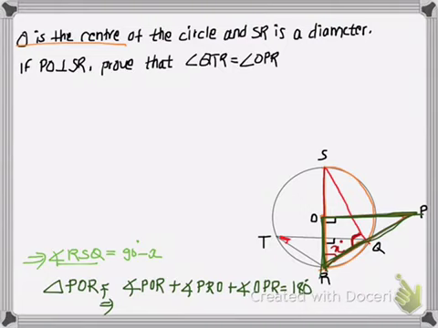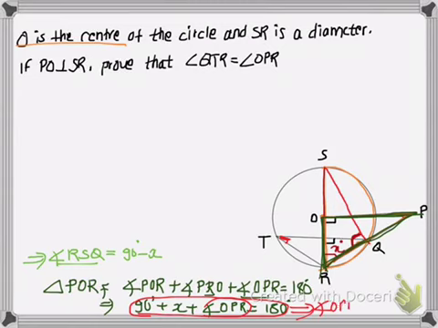I'm going to substitute the value for POR, which is 90 degrees, and for PRO, x degrees, and OPR I'll write as it is. If I simplify, taking 90 to the other side, and x to the other side becomes negative x. So angle OPR is equal to 90 degrees minus x degrees.